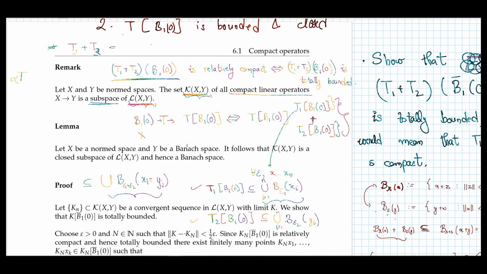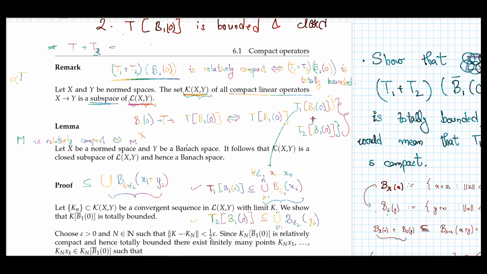So if I have T as a compact operator, then I know that it is compact if it maps a bounded subset of X to a relatively compact subset of Y. In the lemma above, we saw a statement that M is relatively compact if and only if M is totally bounded.